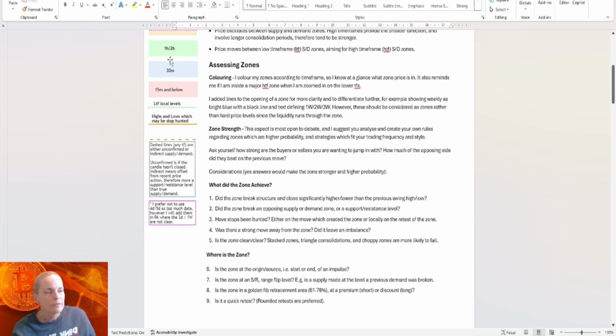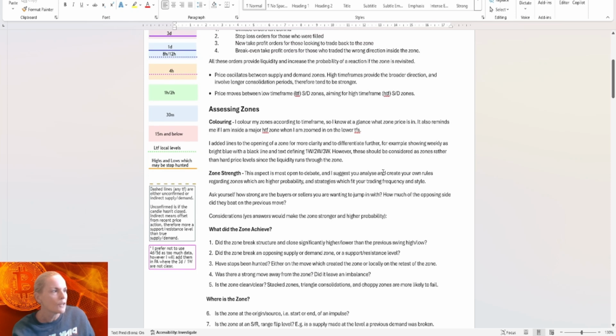So hopefully you followed me enough to know what colors I have, so I won't go into the detail on that. The strength, as I've said here, this aspect is most open to debate as to what zones you want to trade.